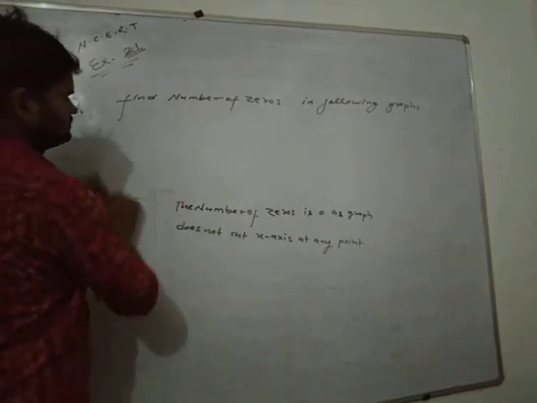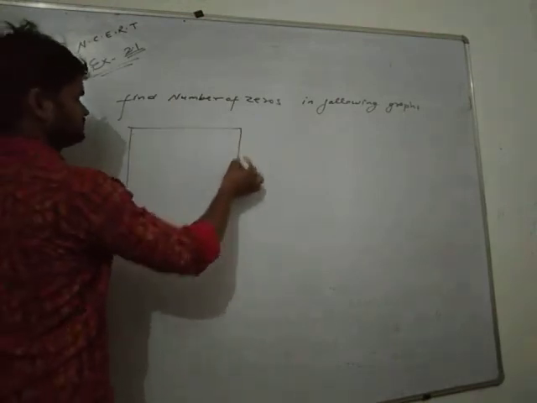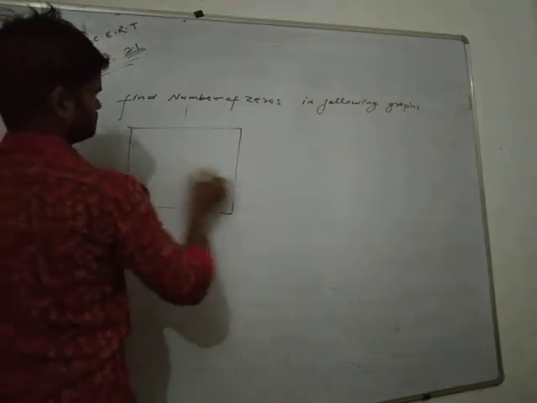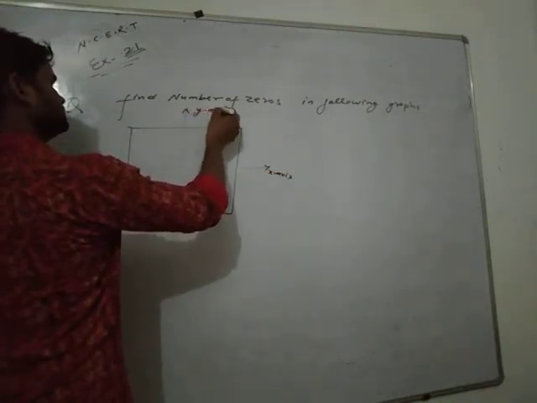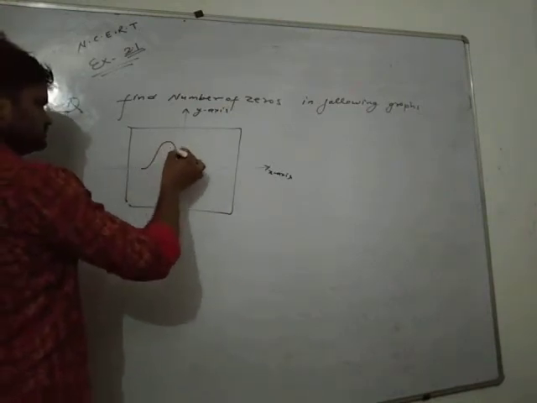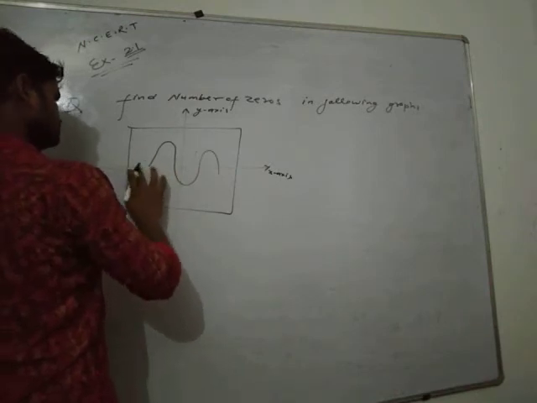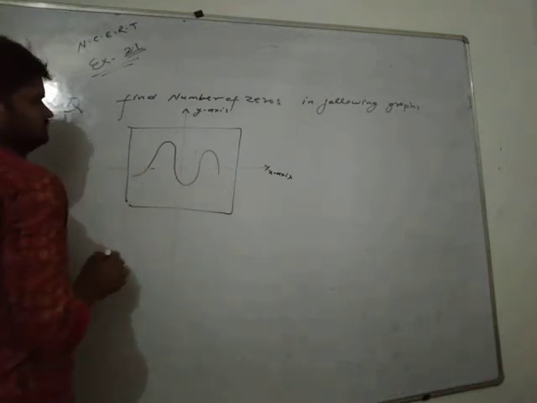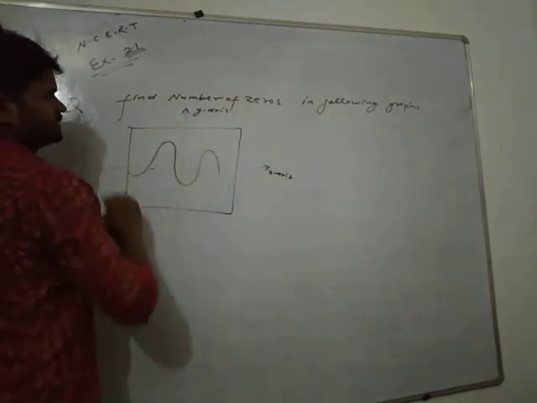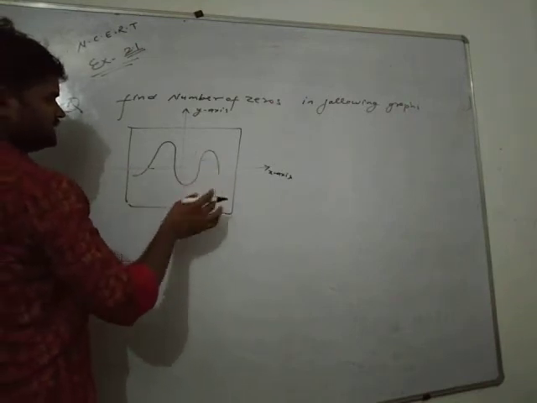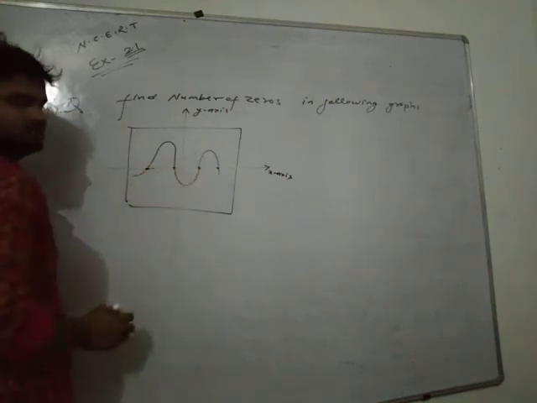Next, this is x-axis and this is y-axis. Here this curved line intersects the x-axis at this point, this point, this point, and this point.